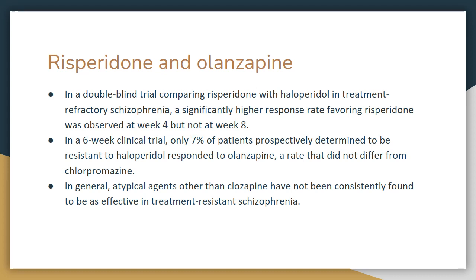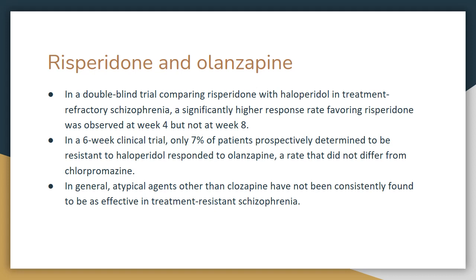Risperidone and olanzapine are also atypicals other than clozapine. In a double-blind trial comparing risperidone with haloperidol, which is an antipsychotic, in treatment-resistant schizophrenia, a significantly higher response rate favoring risperidone was observed at week 4, but not at week 8.